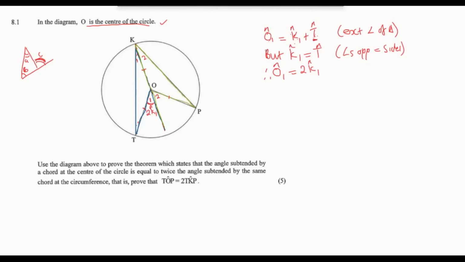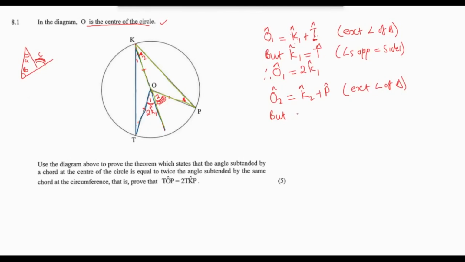Similarly, we can say that angle O2 is equal to angle K2 plus angle P. Angle O2, this angle here, is an exterior angle of a triangle. But angle K2 is equal to angle P, because they are angles opposite equal sides. KO is equal to OP.